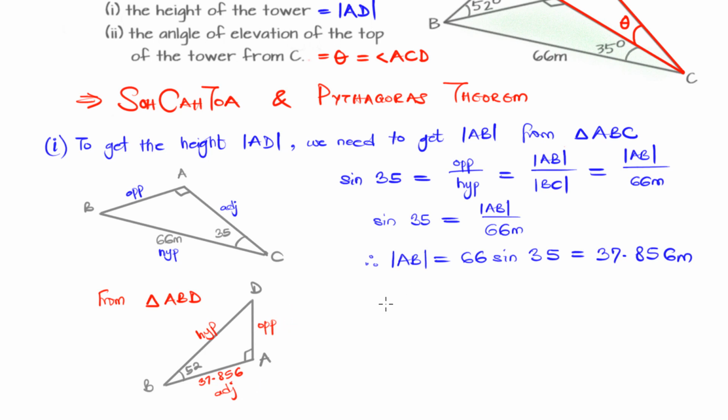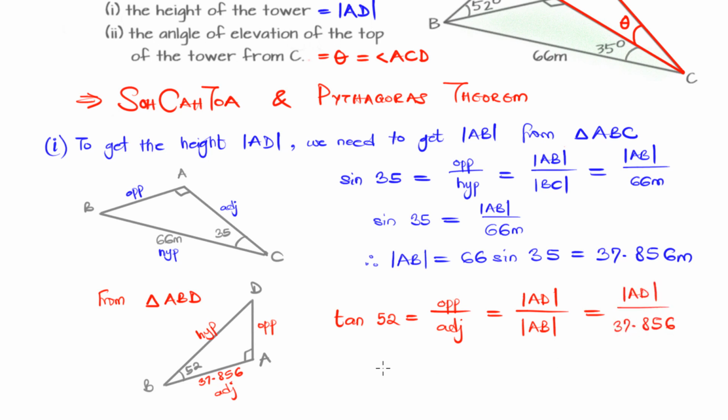Here, we are looking for the opposite, and we know the adjacent. From our trigonometric functions, it is the tan that relates the opposite and the adjacent. And we know that tan 52, since 52 is the angle of consideration, is opposite over adjacent. The opposite is AD and the adjacent is AB. AD is what we are looking for. AB, we just discovered to be 37.856.